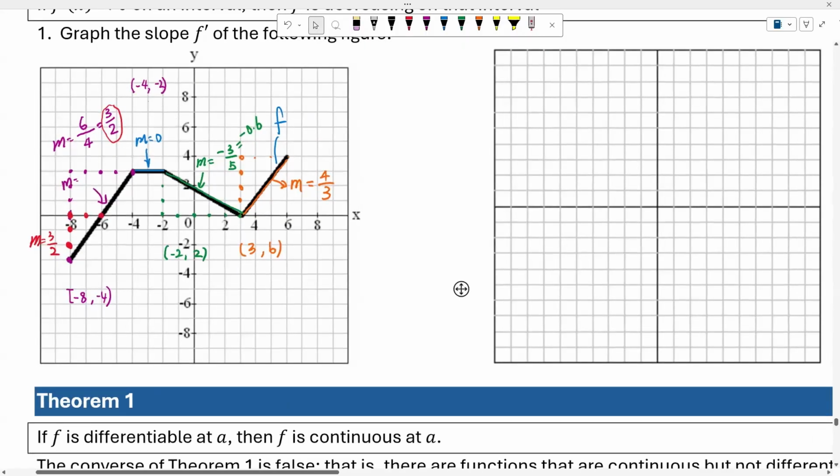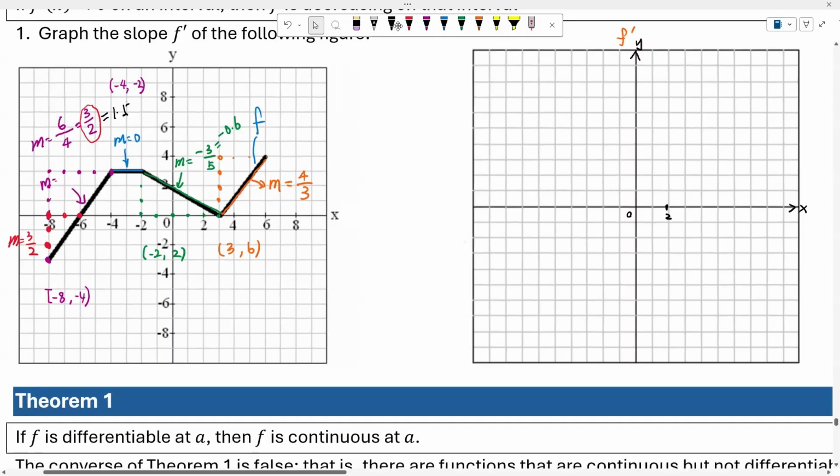And now let's see how we finish the f prime graph. Okay. First, again, this is y, this is x. I put the scale on the x-axis, which is 2 here. Now, the scale on the y, look at this. The biggest number is 1.5, and the smallest number is about negative 0.6.